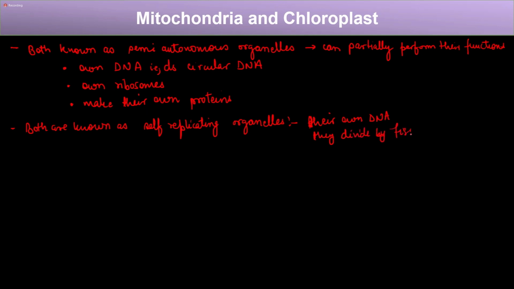So fission is a process in which there is one cell, and this cell then breaks or divides into two cells. So they divide by fission.